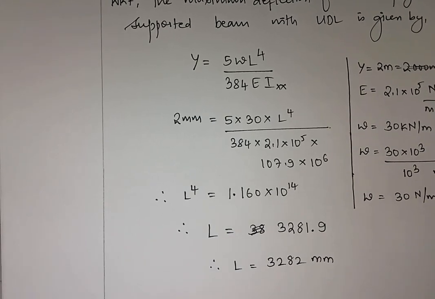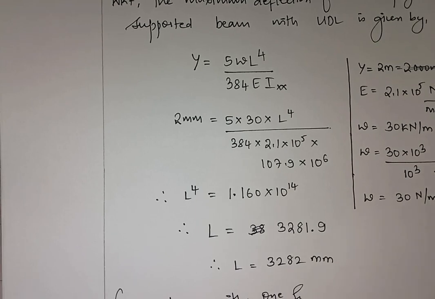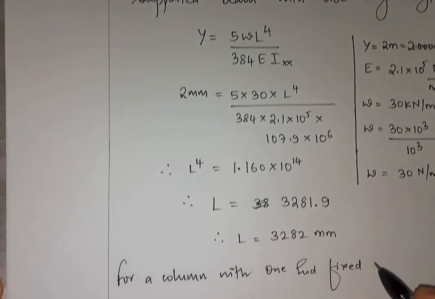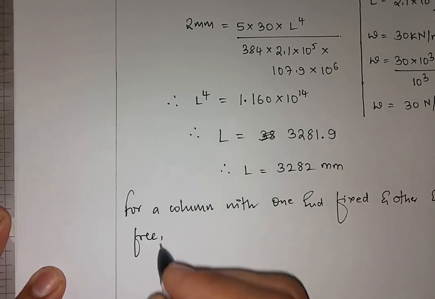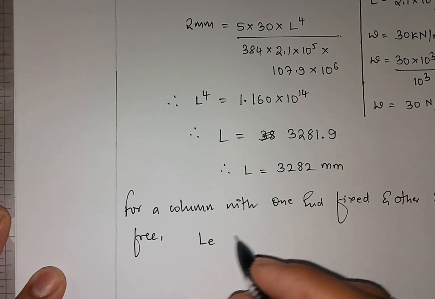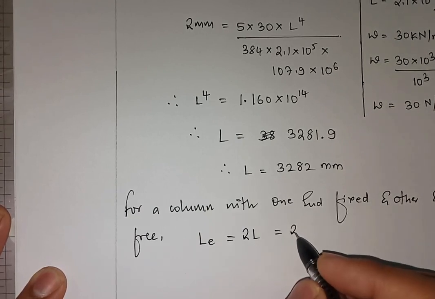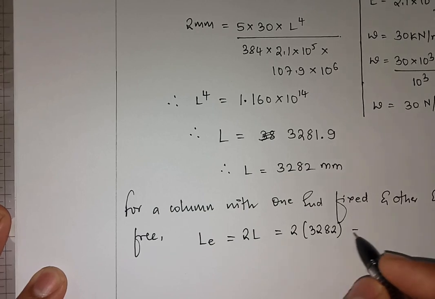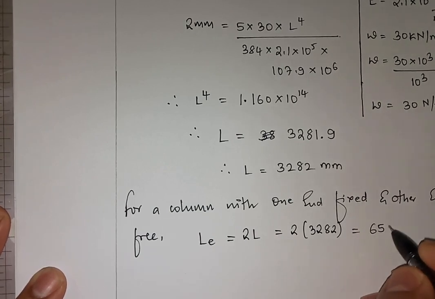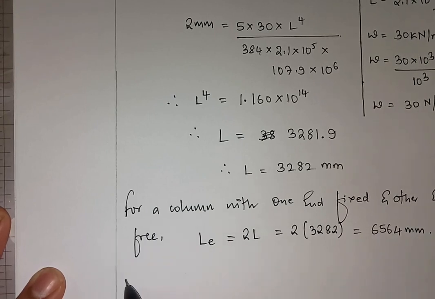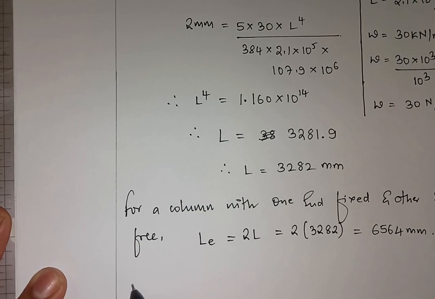So for safe load, for a column with one end fixed and other end free, effective length LE is given by 2L. So it is 2 into 3282, which is 6564 mm.